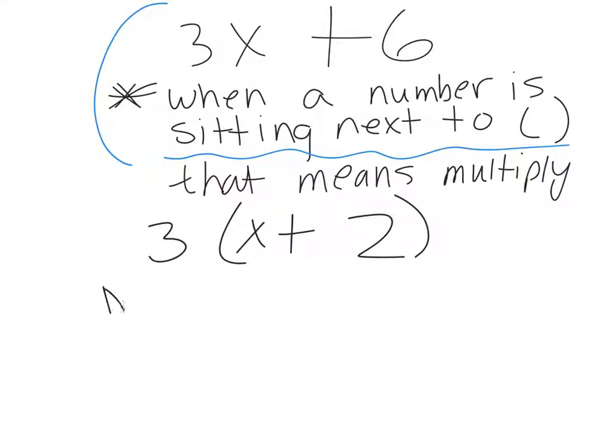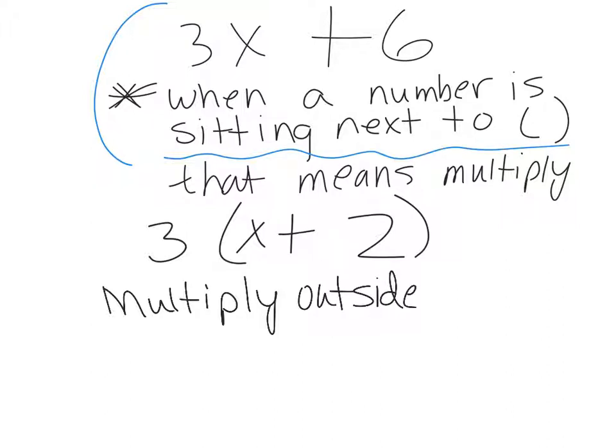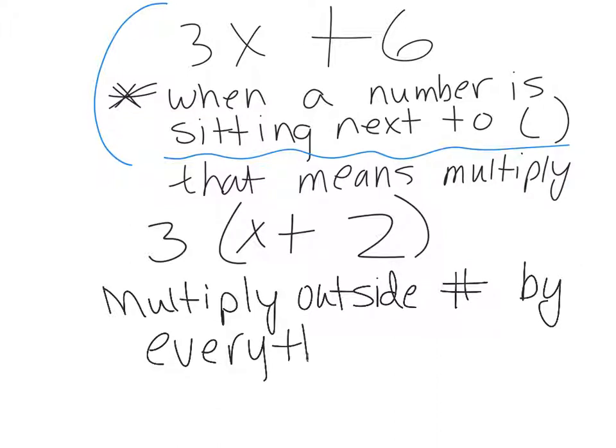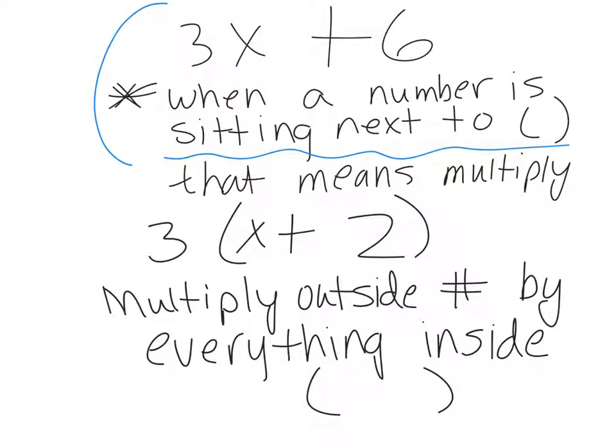So you need to multiply the outside number by everything inside the parentheses, and I do mean everything.